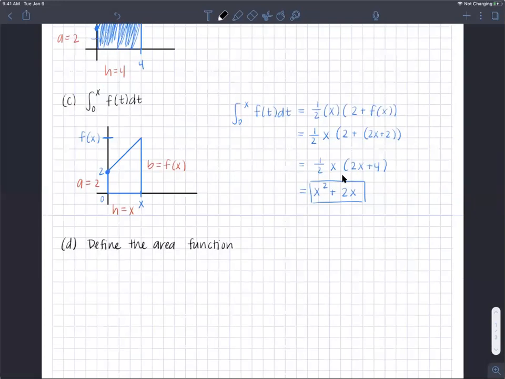And so that's going to equal the integral from 0 to x of f of t dt. And this is what gives the area under f of t between 0 and x.